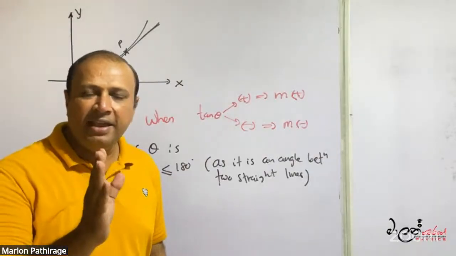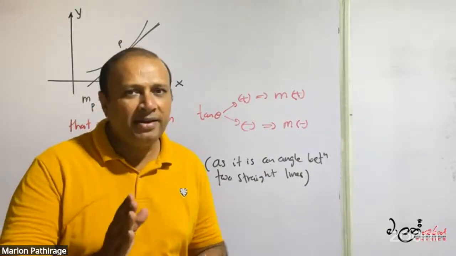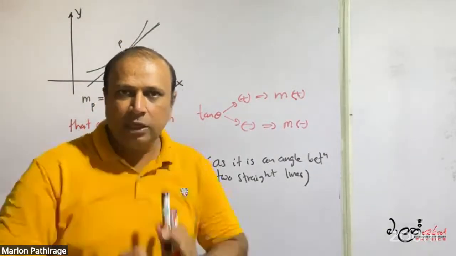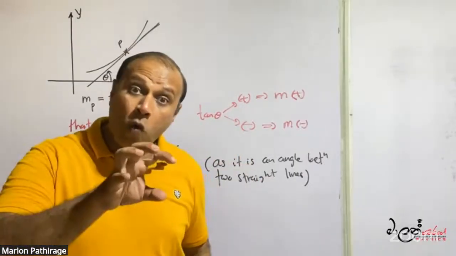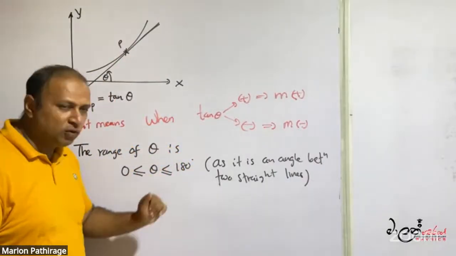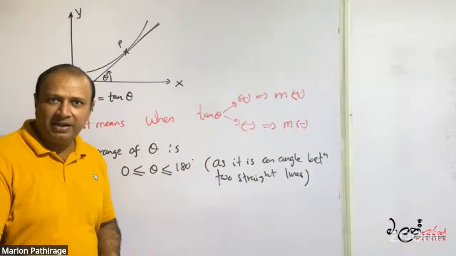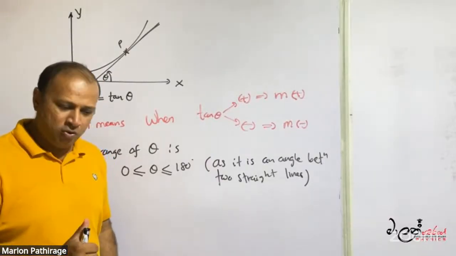So I can divide this into two segments. One is the acute angle section and the other one is the obtuse angle section, because the range is 0 to 180.